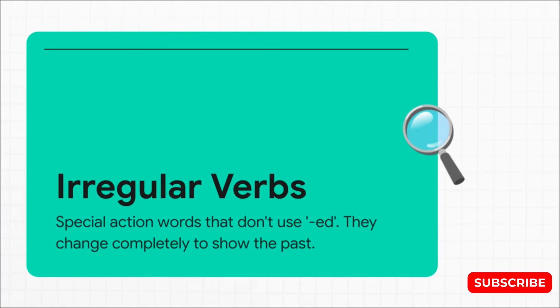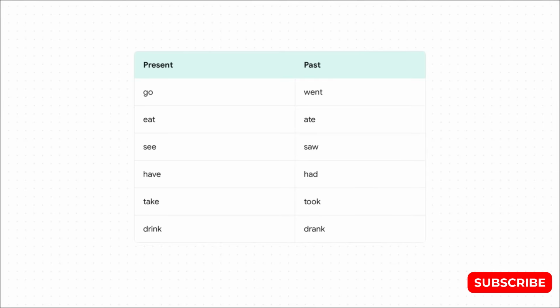So instead of just adding ed, these verbs do their own thing. They transform into a whole new word to show that they happened in the past. And trust me, learning these is a total game changer. And these right here, these are the heavy hitters. The ones you're going to use constantly.